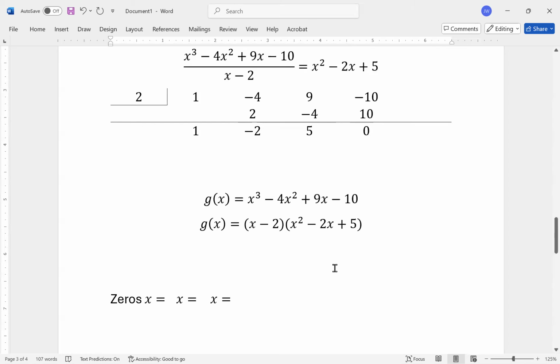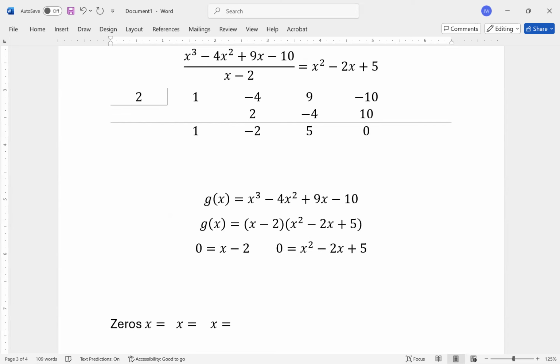So what I have to do in this case is essentially set my first piece equal to 0 and then set the quadratic equal to 0. When I set the first piece equal to 0, then it's obvious that I have a 0 when x is equal to 2. I already knew that.